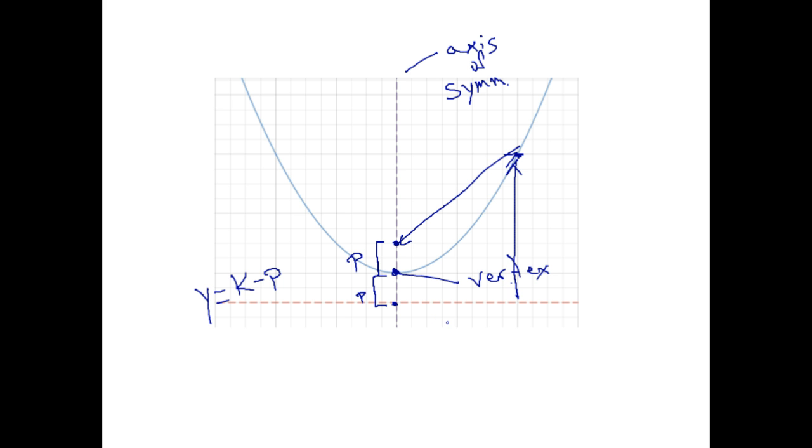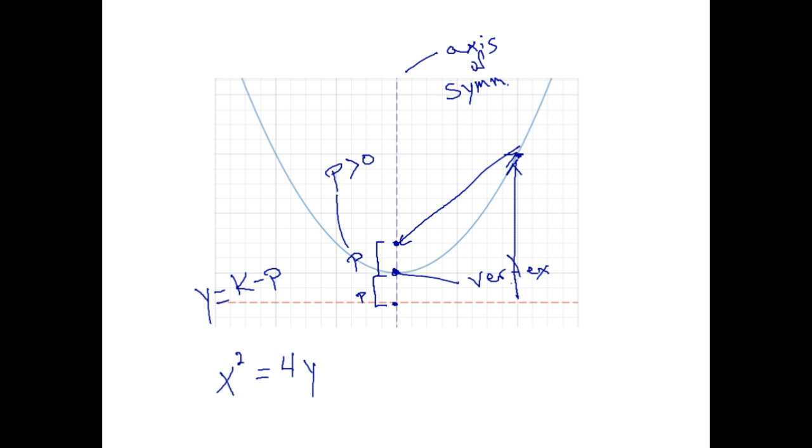Okay, so let's talk about some other aspects of this. If it's vertically aligned and it opens up, this p has to be positive. So p is greater than 0. So for instance, if you have the equation x squared equals 4y, you might ask, well, wait a minute, what's p in this case?